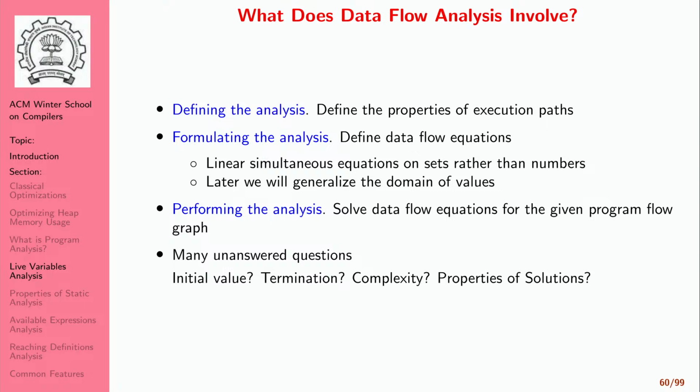Yes, so the point is the analysis terminates when there is some iteration I in which the data flow values, the sets that you have got, are same as the sets that you got in the I minus 1 iteration.